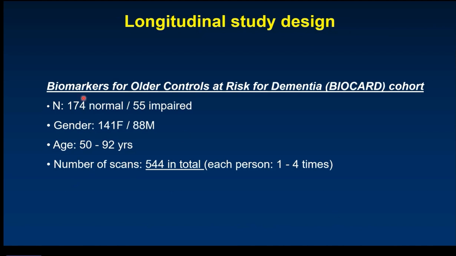In our study, we include 174 cognitively normal participants and 55 participants with cognitive impairment. Their age ranged from 50 to 92 years old, and each participant received the MRI scan every 2 years, and the MRI scans they received range from 1 to 4 times. So in total, we got 544 MRI measurements.